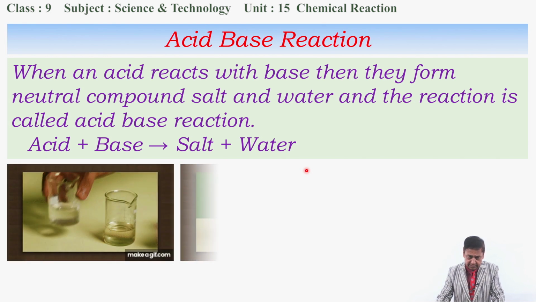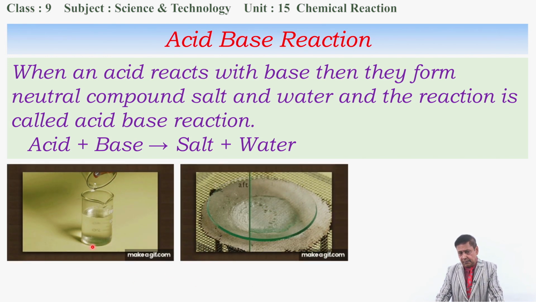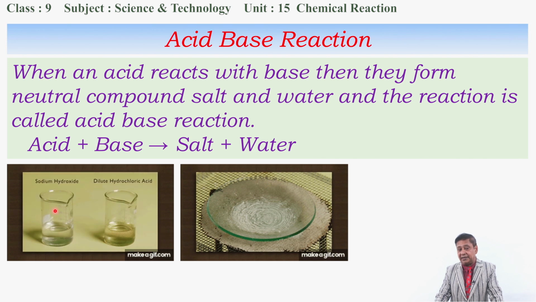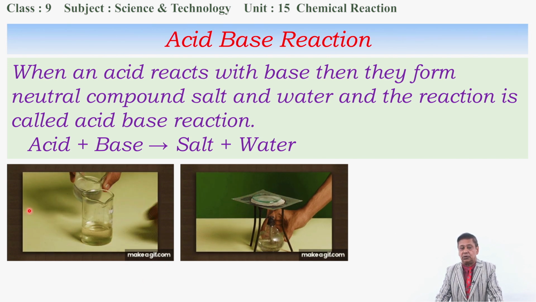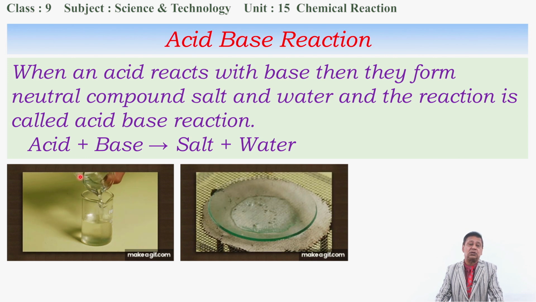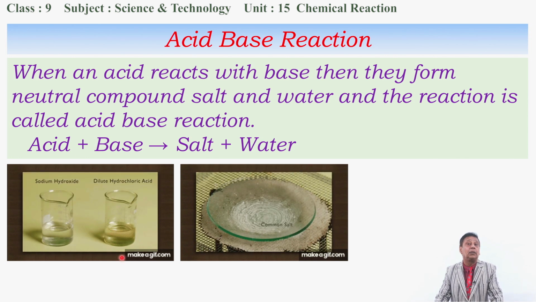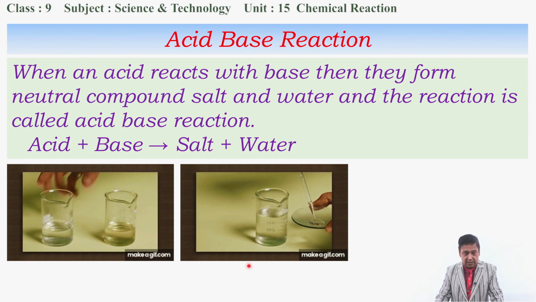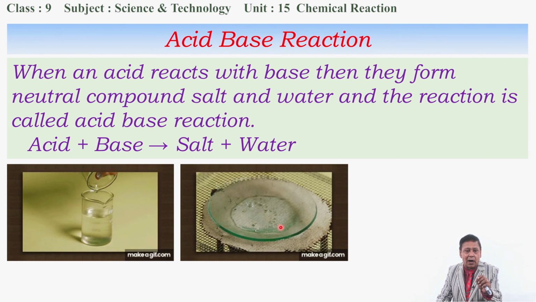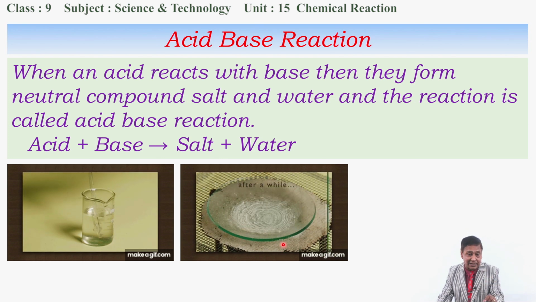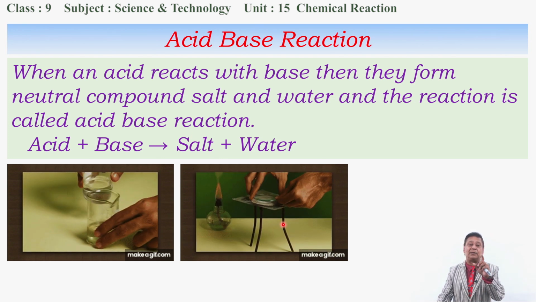Now you can see this. This is the video clip. In the first video clip, sodium hydroxide, a base, is mixed with hydrogen chloride, I mean to say hydrochloric acid. When they are mixed with each other, what happens? They react with each other to form sodium chloride and water. A little amount of that solution is taken in a watch glass, and if it is heated, the water goes out and sodium chloride can be seen.